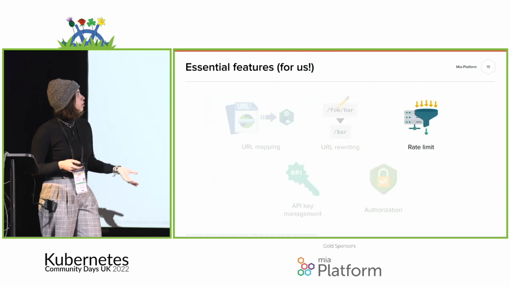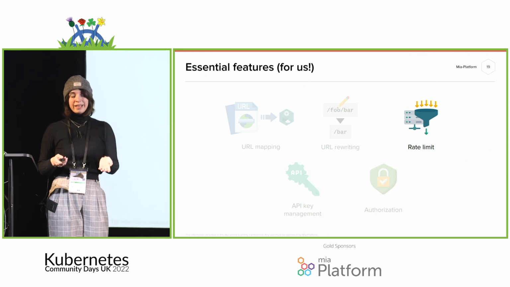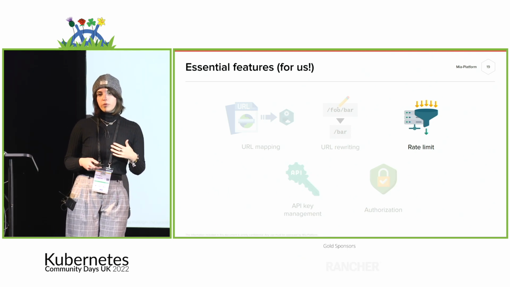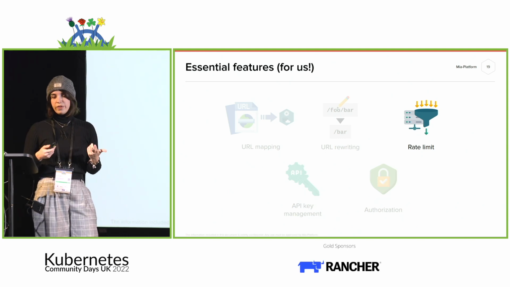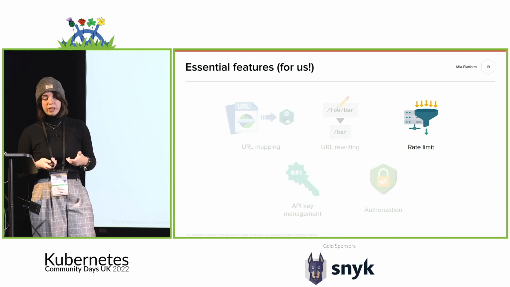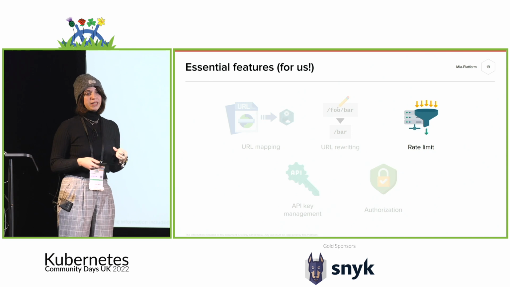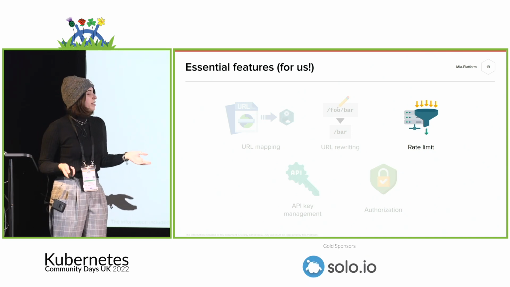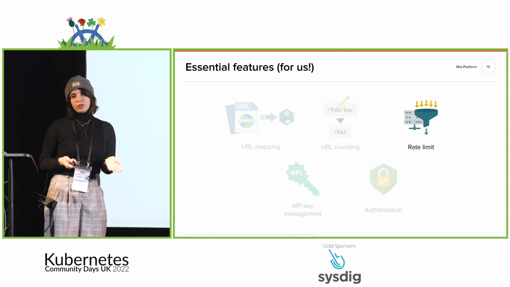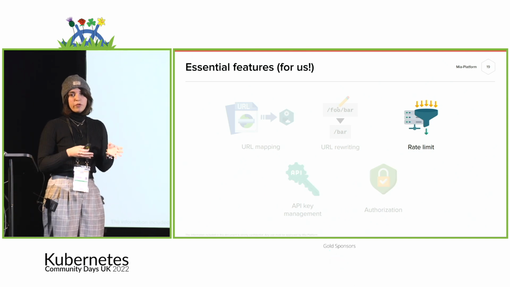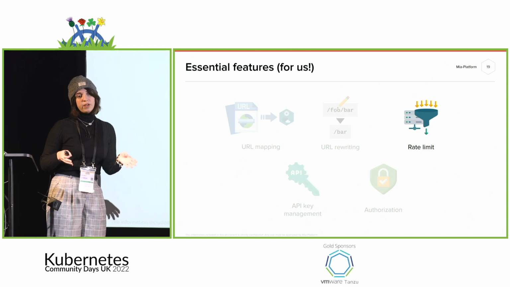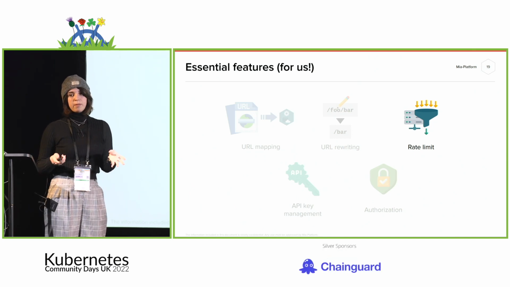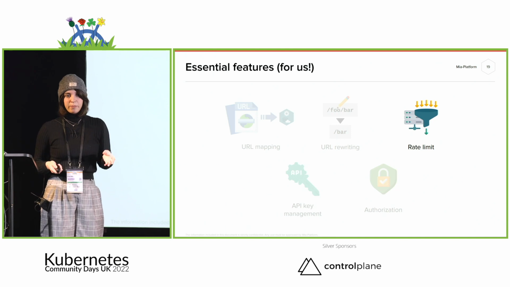Let's get to another essential feature, which is rate limiting. Rate limiting is essential since it allows us to ensure the availability of our applications, and also to help us deal with denial of service attacks. What rate limiting does is allow us to set a limit on the number of requests that can be performed in a specific amount of time on a specific key that could be, for example, the client IP.